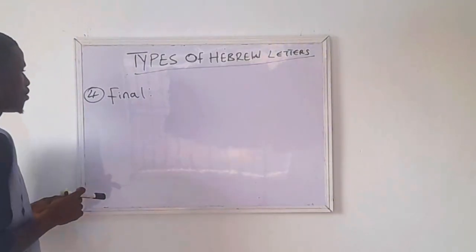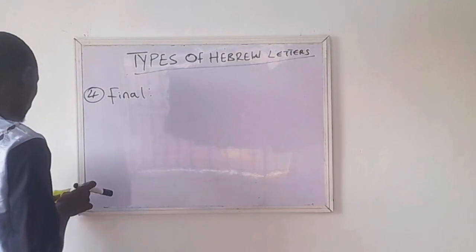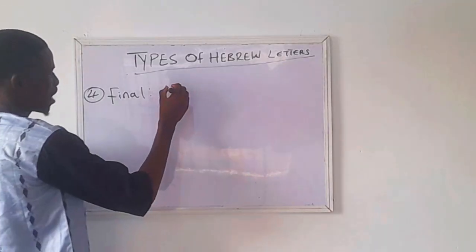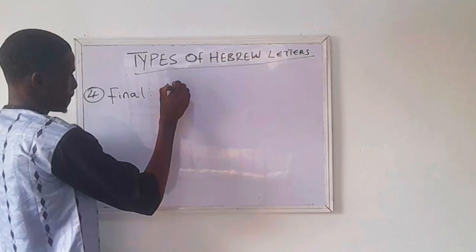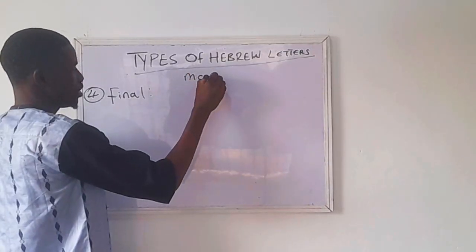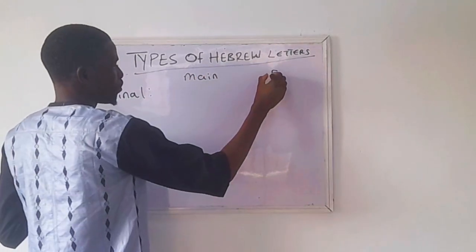All right? For example, we have kaf. So let me write the main form that we know already. The main form and then the final form here.